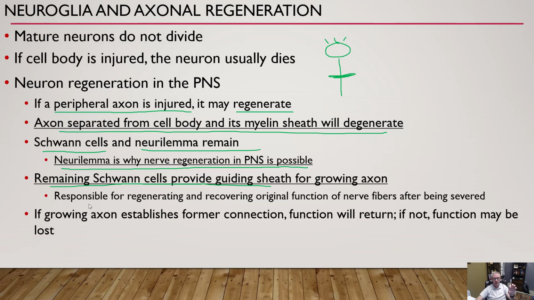Now, hopefully, that growing axon will recover its original function after being severed, if it reestablishes that former connection. But that function might be lost if that axon does not reestablish connection to where it once was.